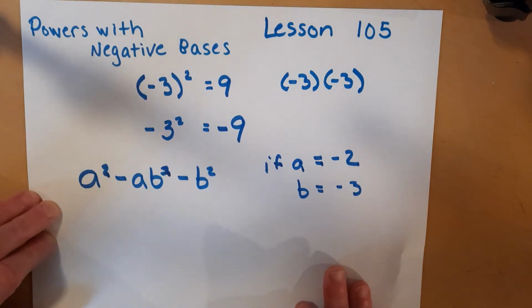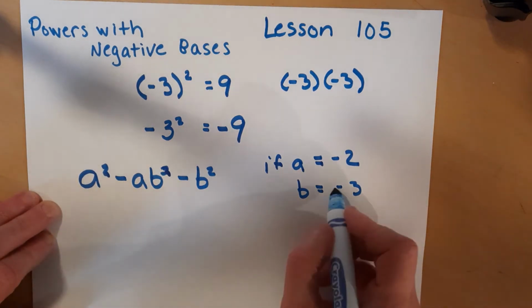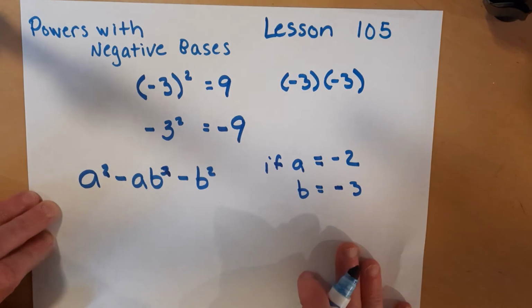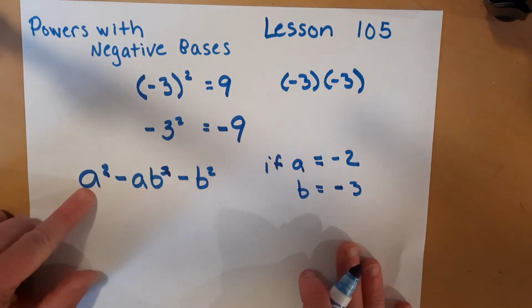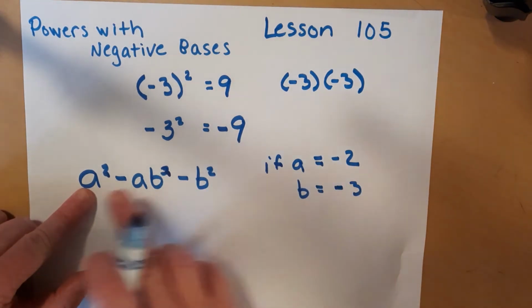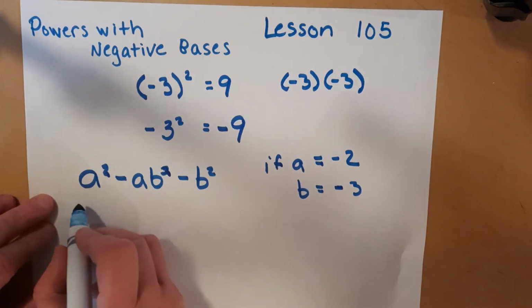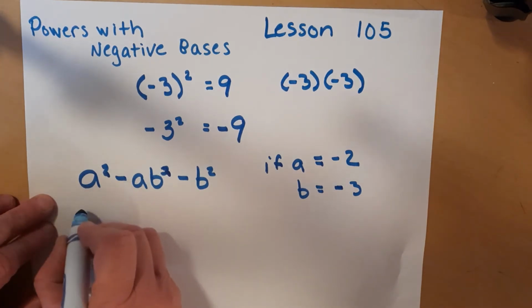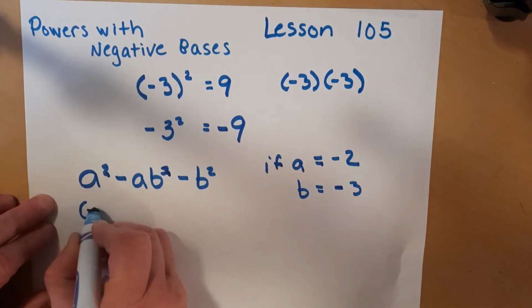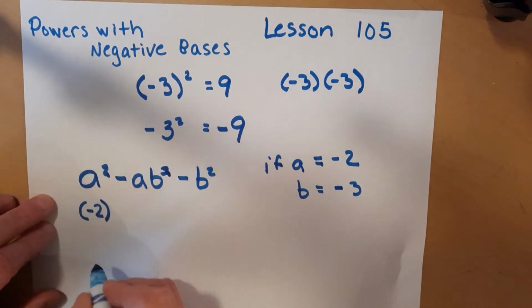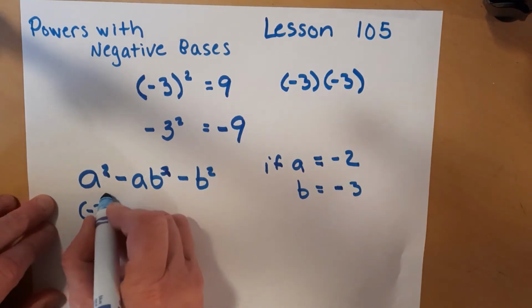So we have to be really careful when we do these problems that we know where the parentheses go. A squared, we have to put -2 in for a. So we make sure that the -2 stays together as an a, and then we square it.